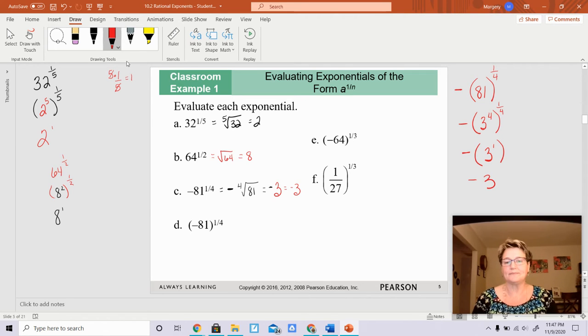Now the next one, this one here, we have -81 to the 1/4 power.